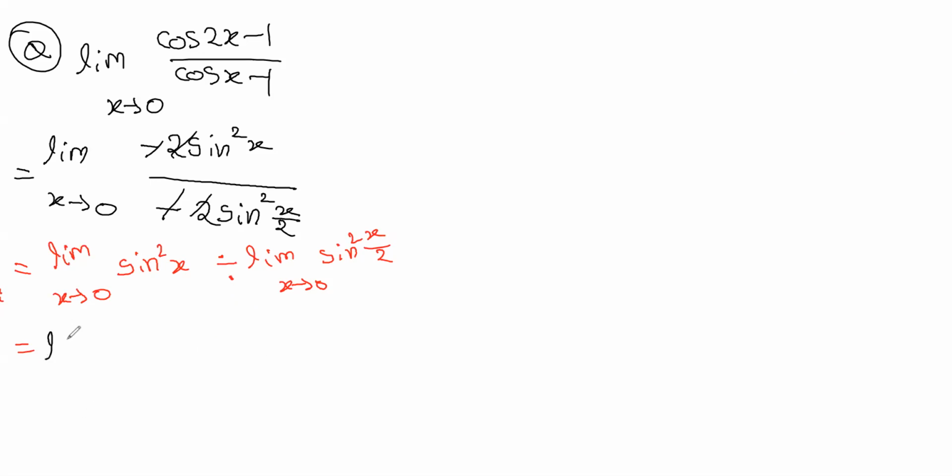I will multiply over here, divided by x square multiplied by x square. Why are we taking x square? Because here it is sin square x, means the x is in square.